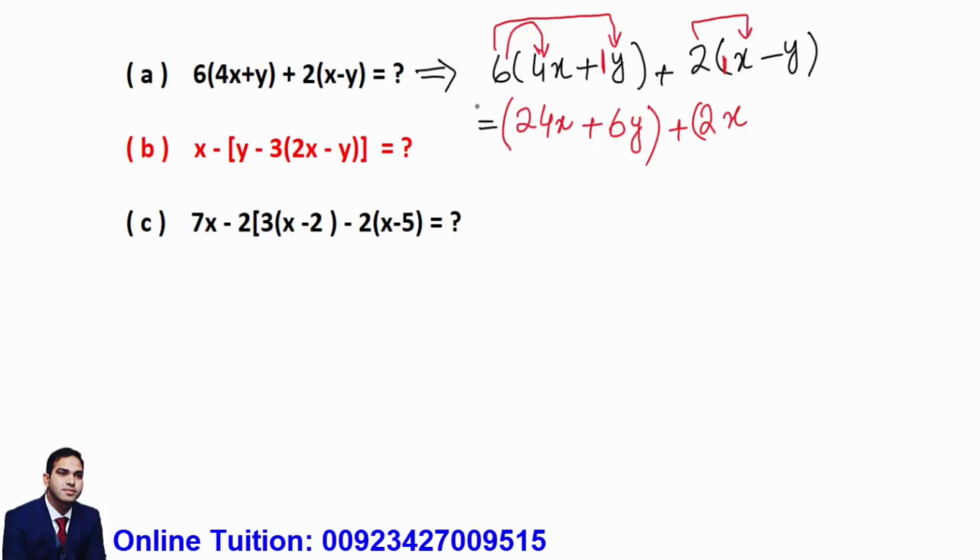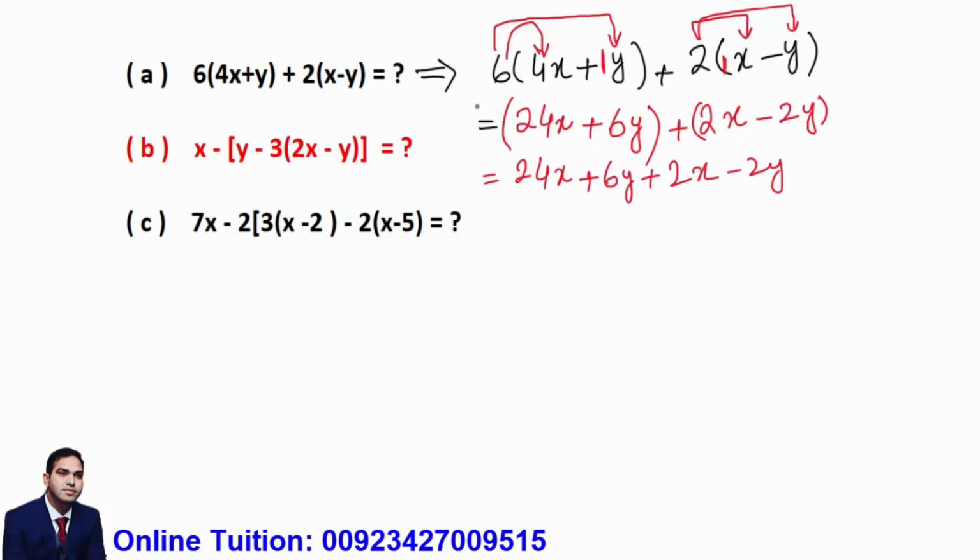Now 2 will be multiplied with this y and its coefficient is 1, so negative 2y. After this, open the brackets: 24x plus 6y plus 2x negative 2y.